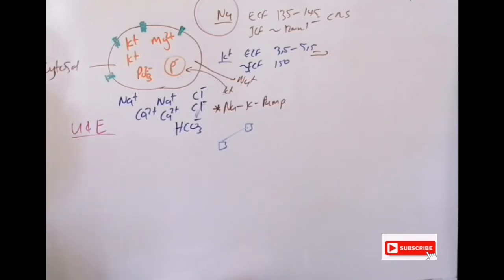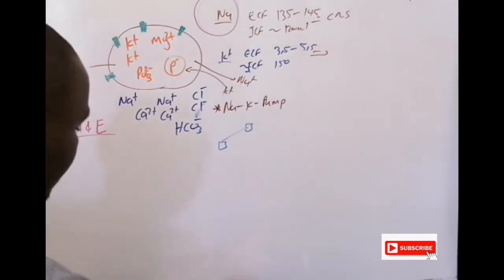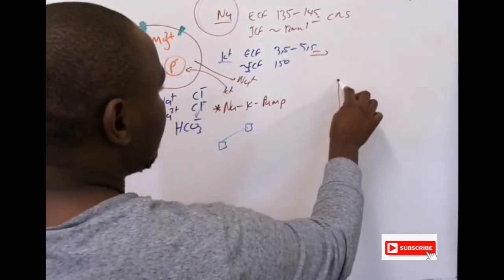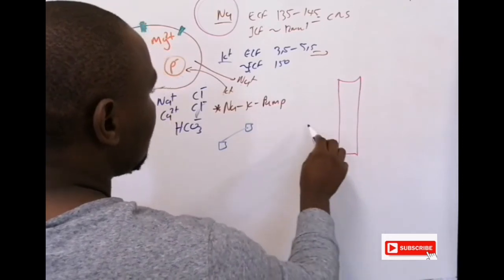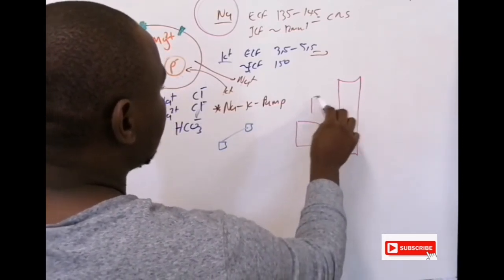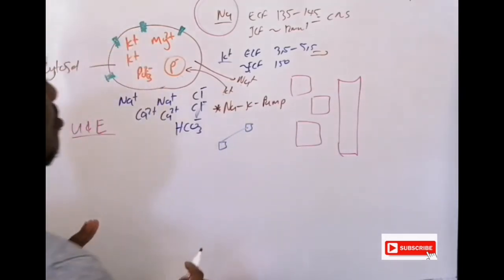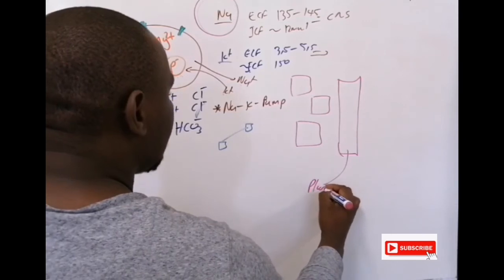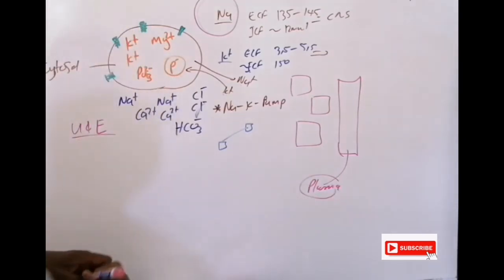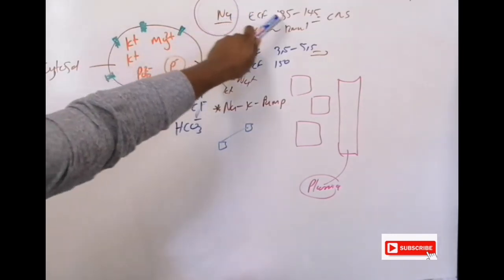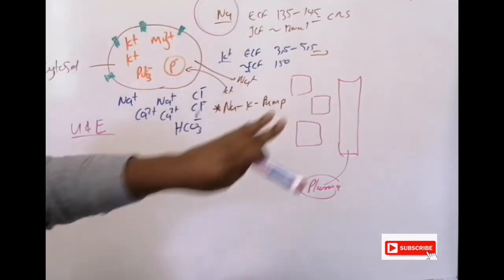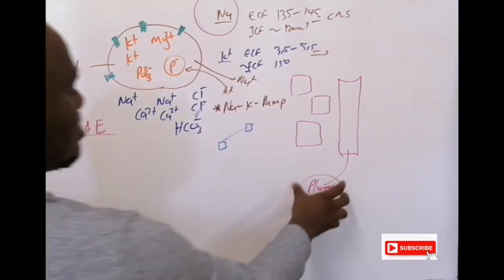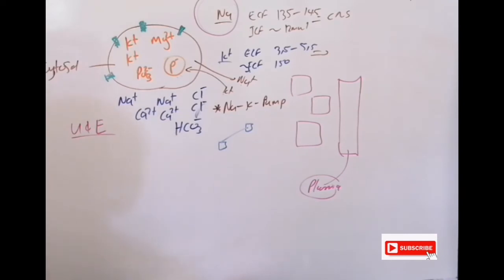So if I do UNEs, what I'm doing there, remember, when you draw blood, this is a vessel, this is a cell, this is a cell, this is a cell. So when you draw blood, you are taking plasma. So the values that I gave you, this 135 to 145 of sodium, this 3.5 to 5.5 of potassium, is the plasma.